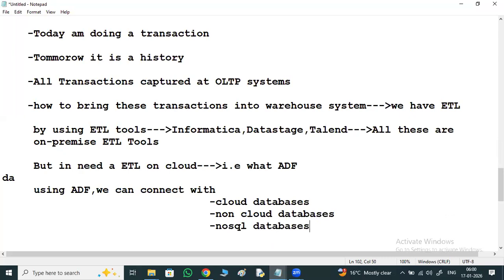Using ADF, we can connect with cloud, non-cloud, SQL, and NoSQL databases.